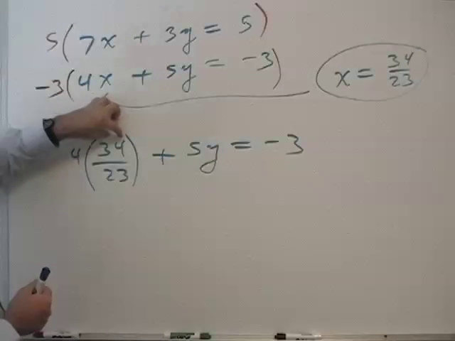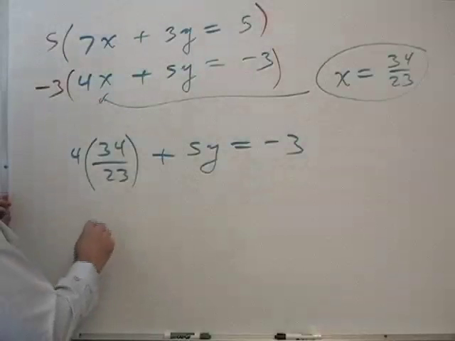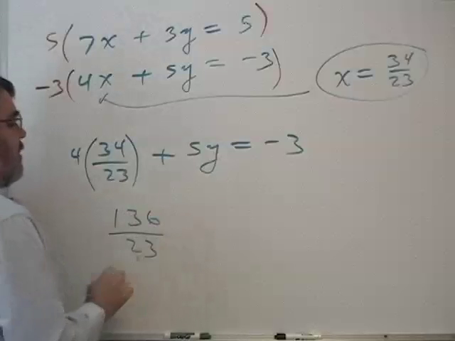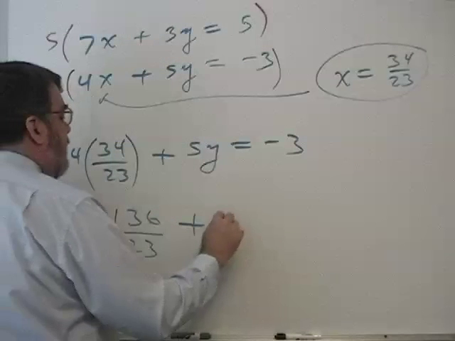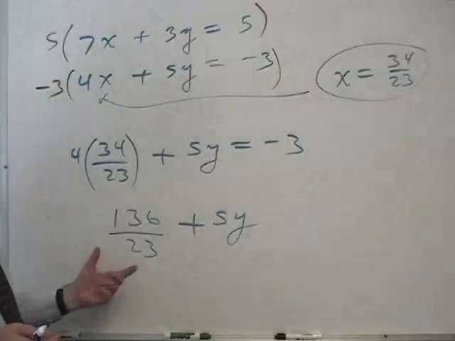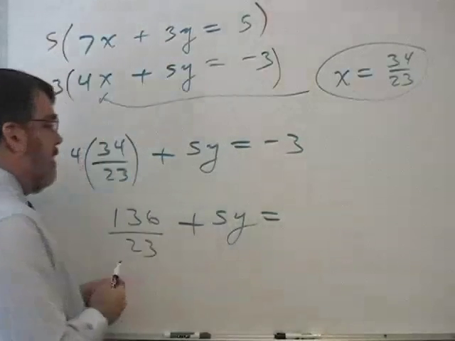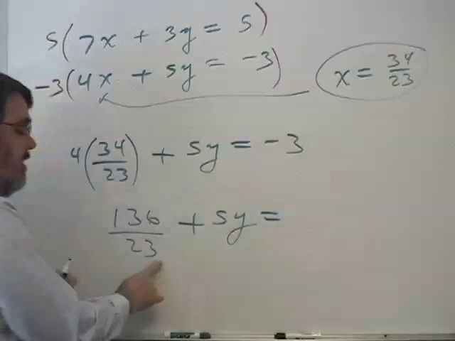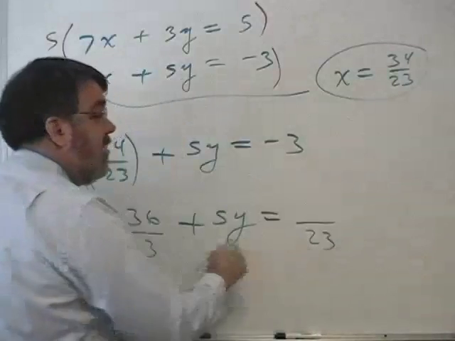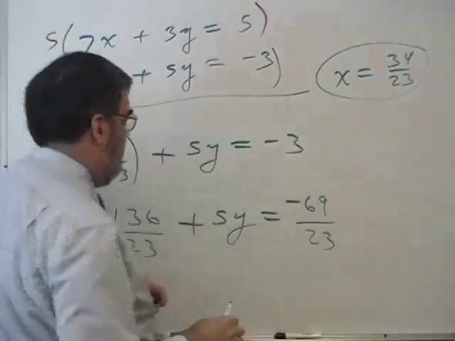So I have 4 times 34 is 136 over 23 plus 5y. And I can see that I'm going to need 23 as a denominator to combine with negative 3. So I'm going to change negative 3 into something over 23. That would be negative 3 times 23, which is negative 69.